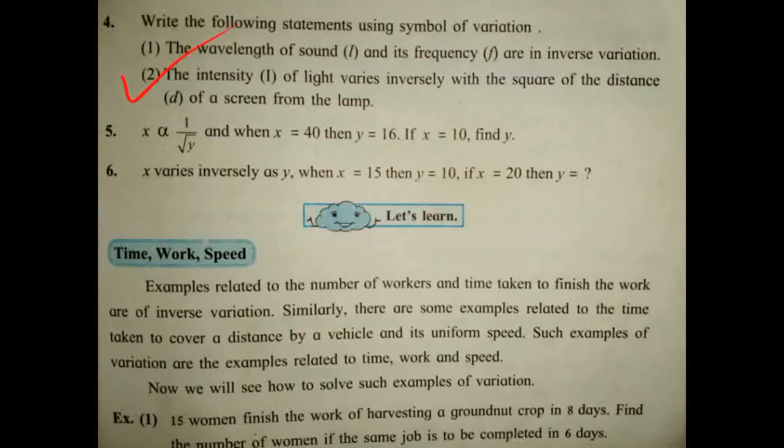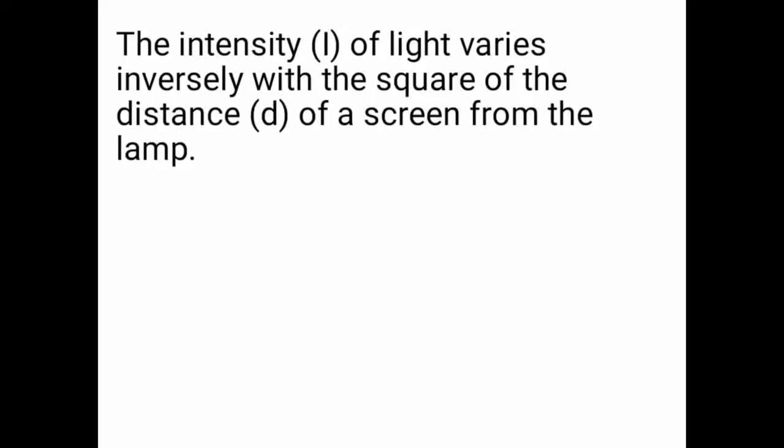Next, the intensity I of light varies inversely with the square of the distance d of a screen from the lamp. The inverse variation is I is inversely proportional to d square, because the intensity is given as letter I and the square of the distance is given as letter d. Square of the distance means d square, because it is given square.